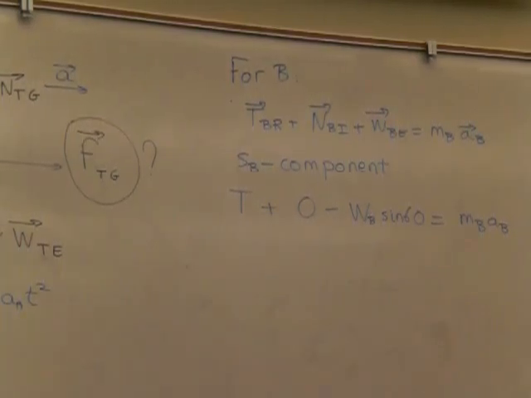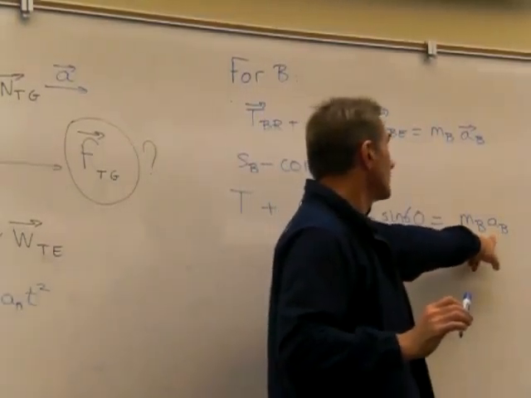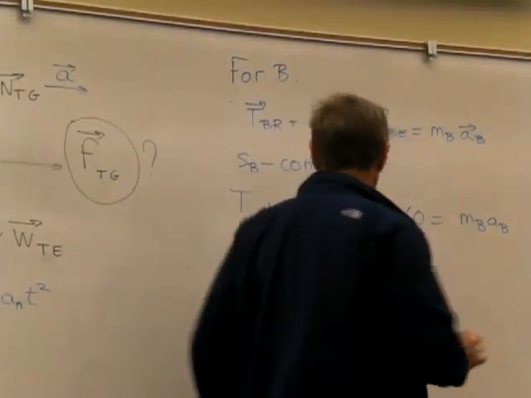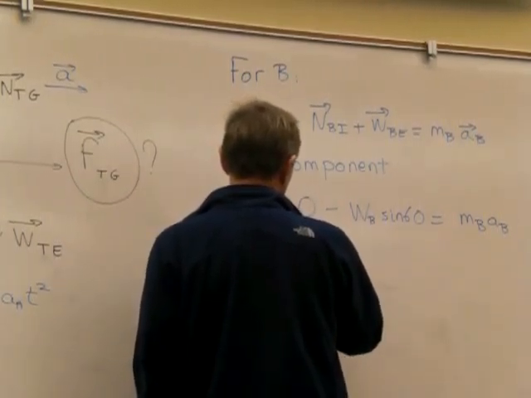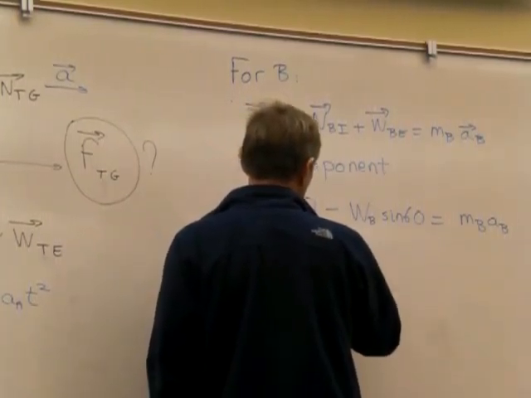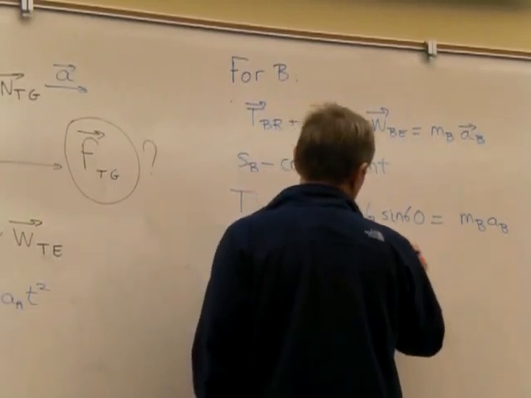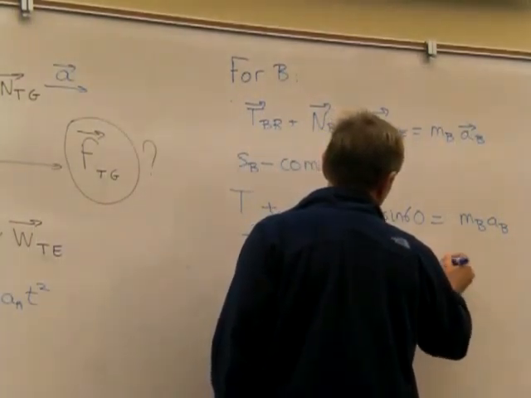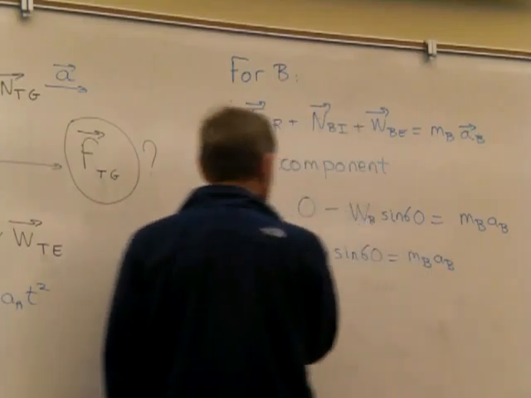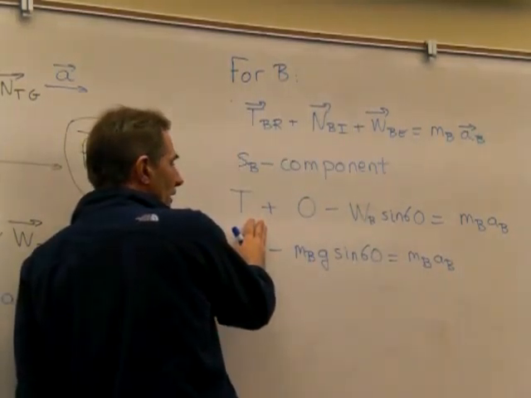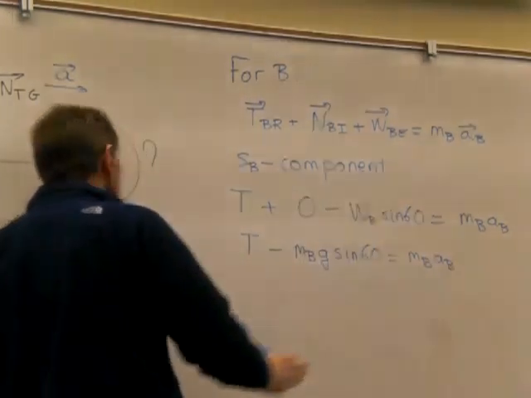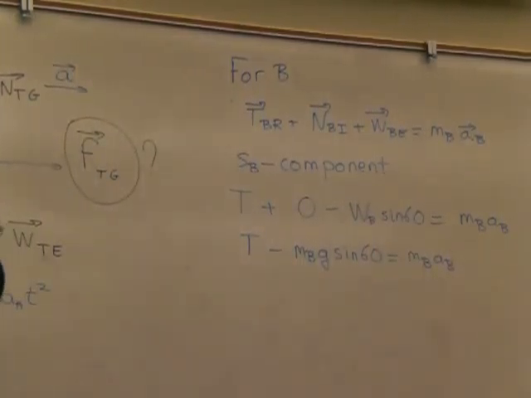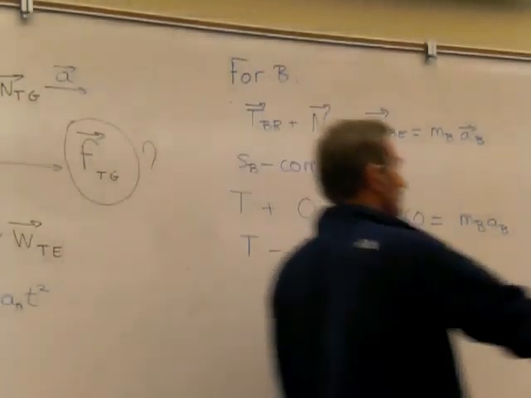So you see, if you solve for the acceleration here, well, this is going to be m_B g, so you would get T minus m_B g sine 60 equal to m_B a_B. So if the tension is 0, then you would get g sine 60, as you were saying. So this is what would happen if you were to cut that rope.